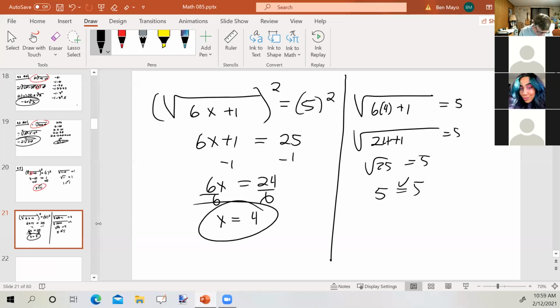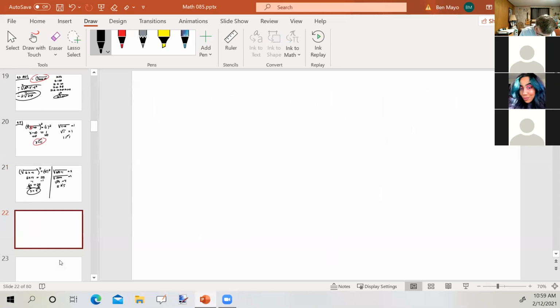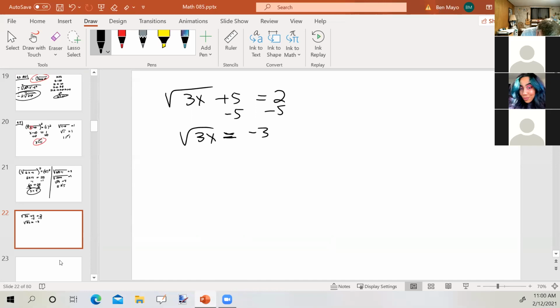How about this one? The square root of 3x plus 5 equals 2. Now, the plus 5 is not inside the radical. Question? No? Okay. So I want to isolate that radical term. So my first move is going to be to subtract 5 from both sides of the equation.